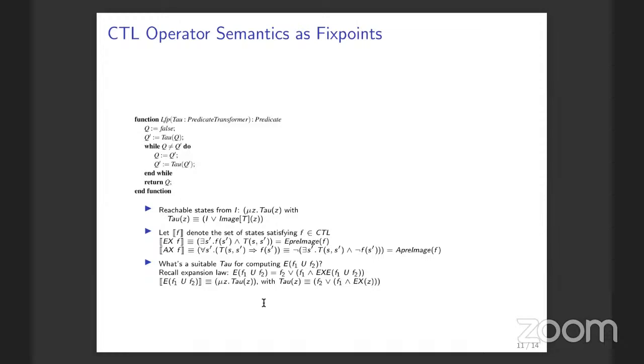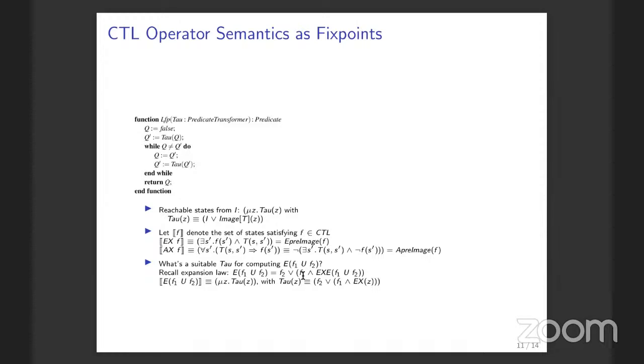states. So effectively, if you were to be using Kleene iteration, you will first start with all the states that satisfy F2. And then to that, you will add in one step how you would satisfy.